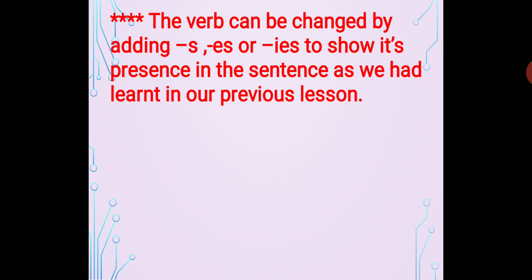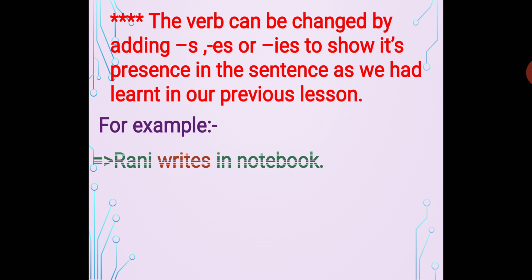The verb can be changed by adding s, es and ies to show the presence of does in the sentence, as we had learnt in our previous lesson, right? Let's see the example and get an idea how does reflects the main verb in the sentence.